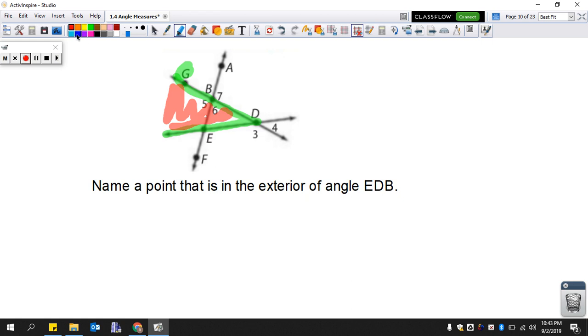All right, the exterior ones would be this one and this one. So the exterior points are point A and point F.